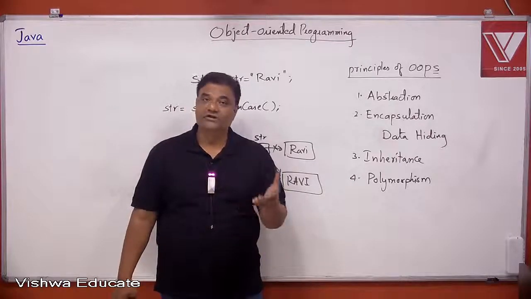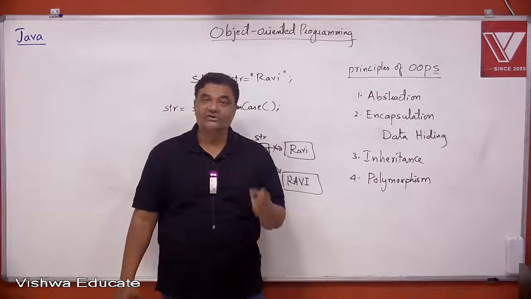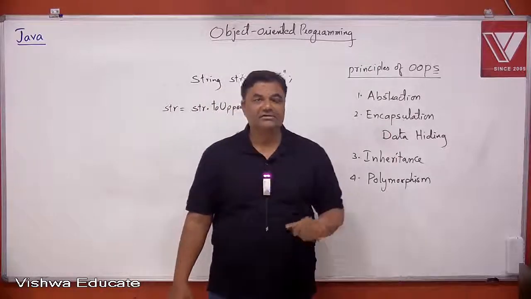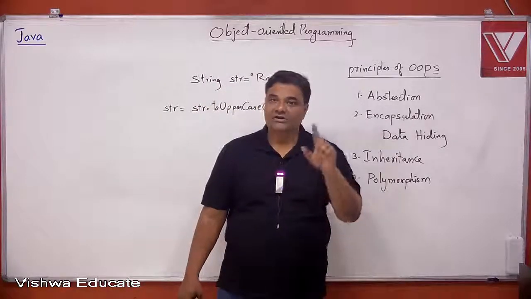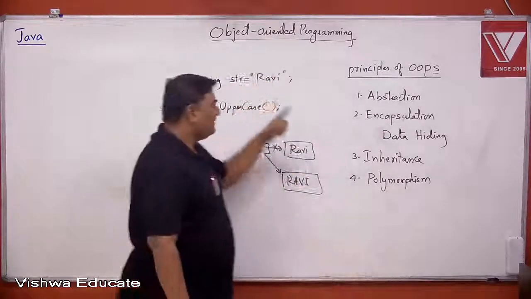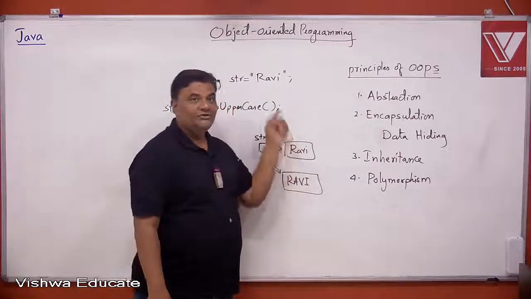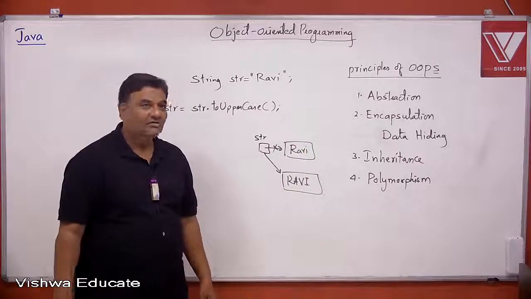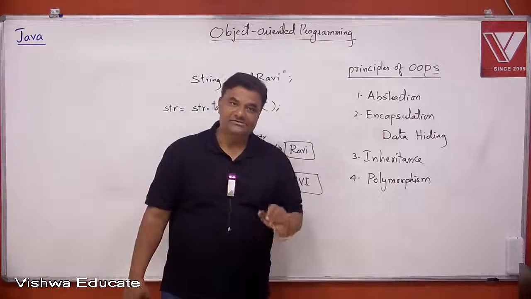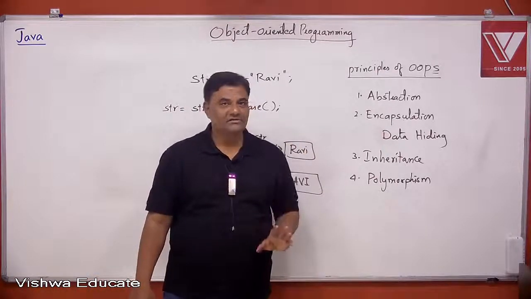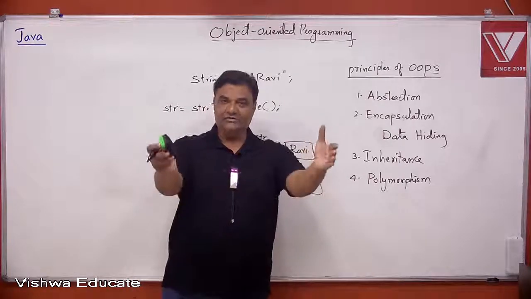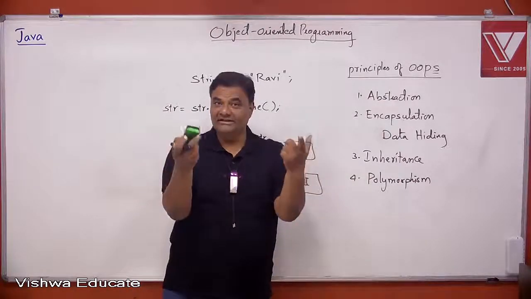You use all operations of the television. Do you know how it is working? No. Abstraction. String class, you are calling methods. Do you know how the methods are working? No. Abstraction. Got it?